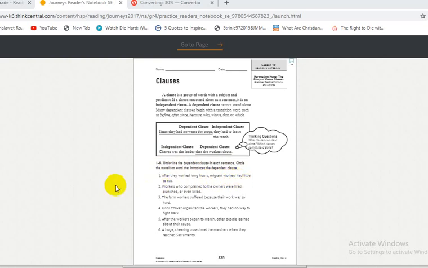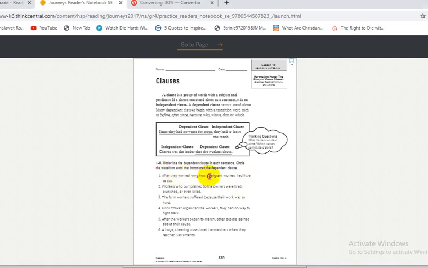What do you guys think is the independent clause, the one that can stand alone or can be a full sentence by itself? Yeah, migrant workers had little to eat. This here is the independent clause. Okay, so the dependent clause would be what? After they worked long hours.